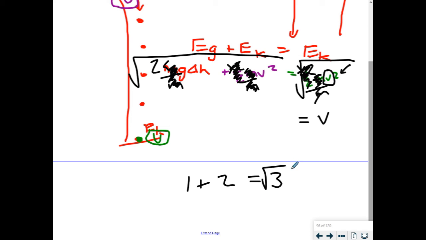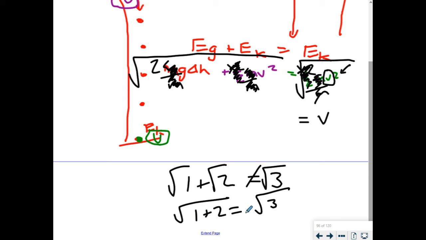If I were to square root this side and square root all of these independently, I challenge you, try that in your calculator. The square root of 3 is actually not equal to the square root of 1 plus the square root of 2. Unfortunately, square roots don't work like that, where you can just put a square root on each term. But what you can do is square root both sides like this. That is considered to be valid in math, but you can't actually square root them all individually.